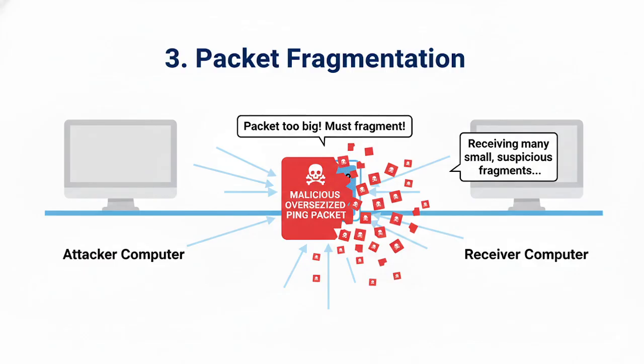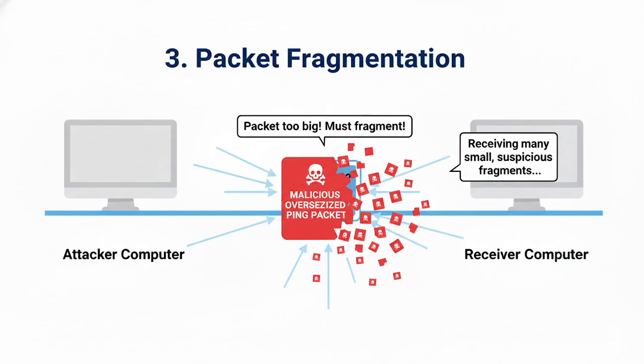This single oversized packet is then broken down into many smaller fragments. While fragmentation is a normal network process, in this attack, these fragments are part of a malicious whole and they can be confusing or even overlapping.